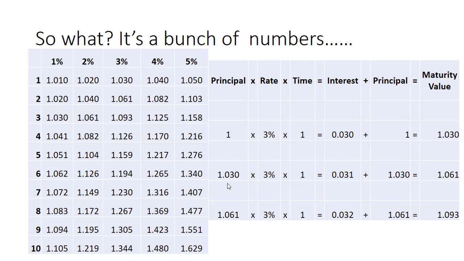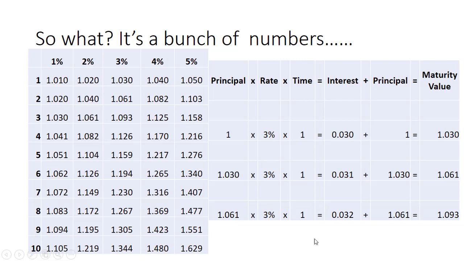We earn 3% on it again the second year, times that 1 year, and we're going to earn 3 1/10 cents. So then we add that to our principal, $1.03 plus 3 1/10 cents, and we end up with a whopping $1.061.